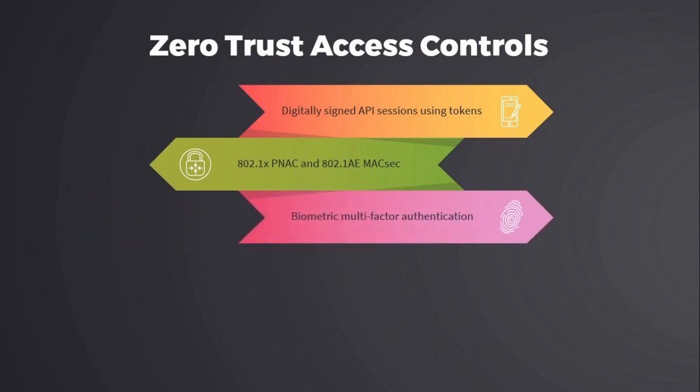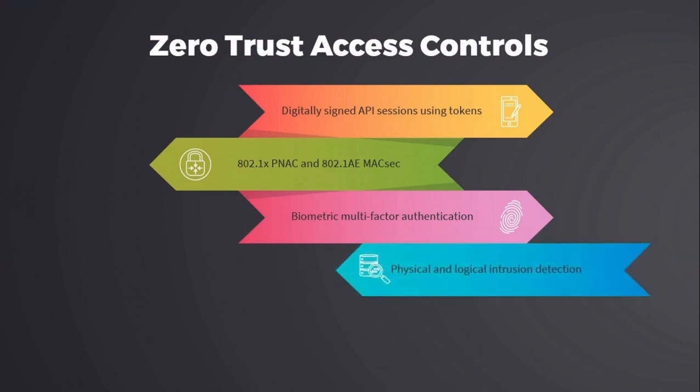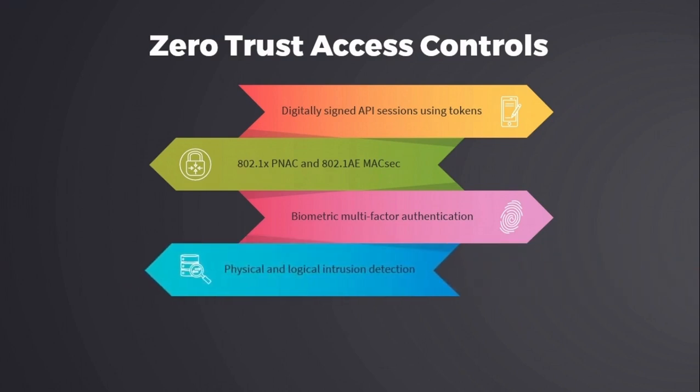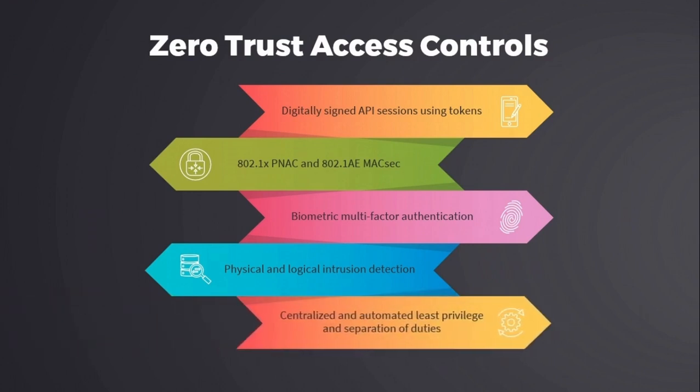You'll have biometric multi-factor authentication, for example, 2MFA or MFA with fingerprint, ocular scanning, facial recognition, or others. Physical and logical intrusion detection systems with various sensors and monitors, visibility in the Security Operations Center or the SOC, and centralized and automated least privilege principles and separation of duties.